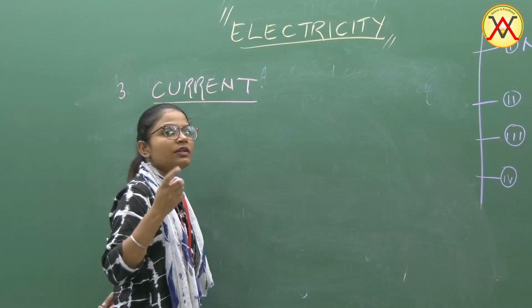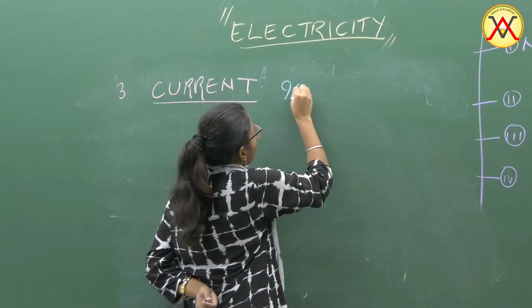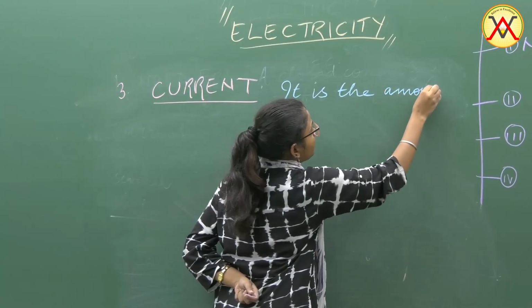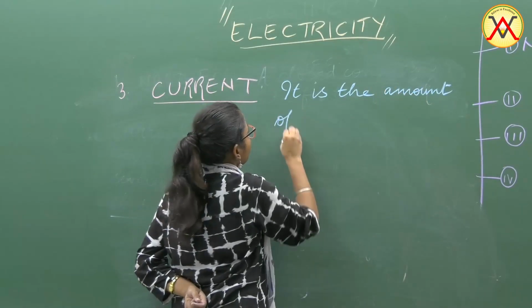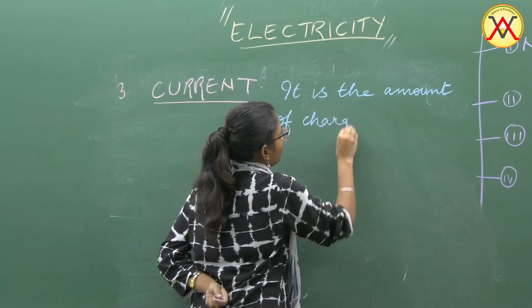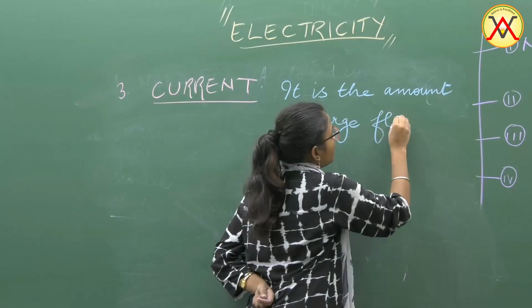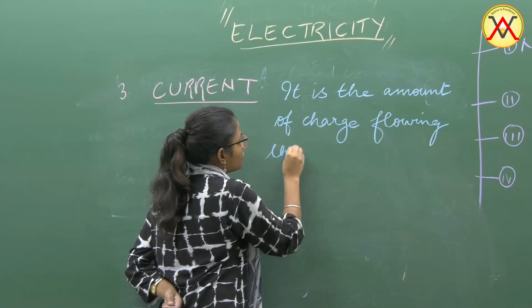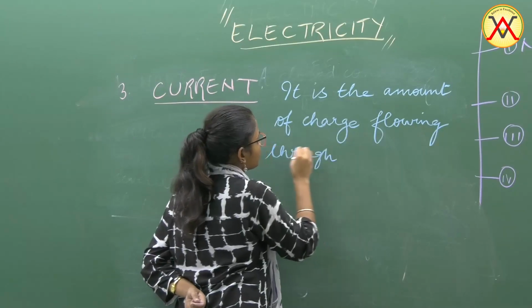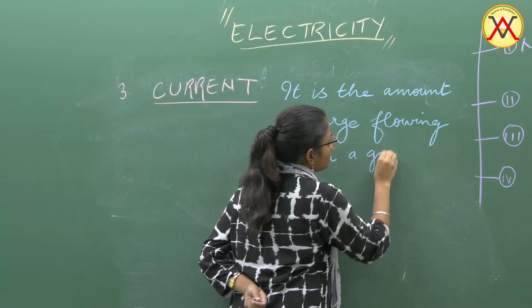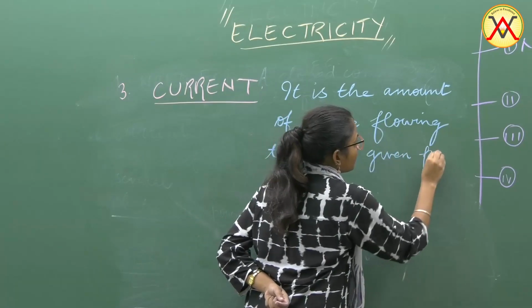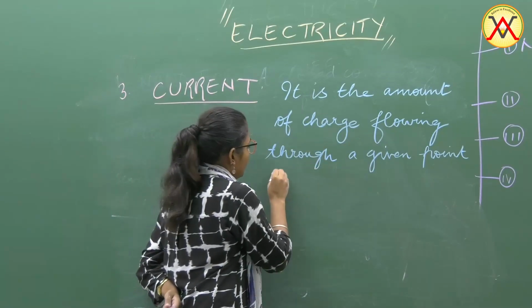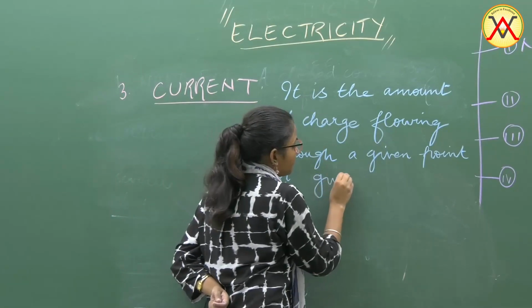Technical definition of current would be, it is the amount of charge flowing through a given point in given time.